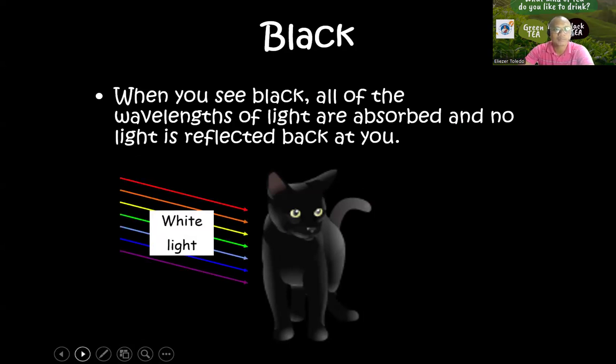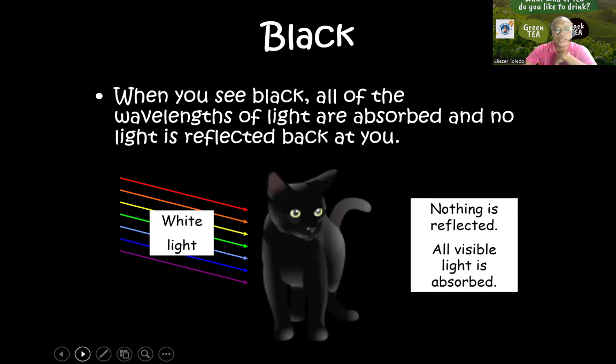Everything is absorbed. This is why it feels hot when you wear black, and nothing is reflected, which is the exact opposite of white. Black is a selfish color. It just takes everything.